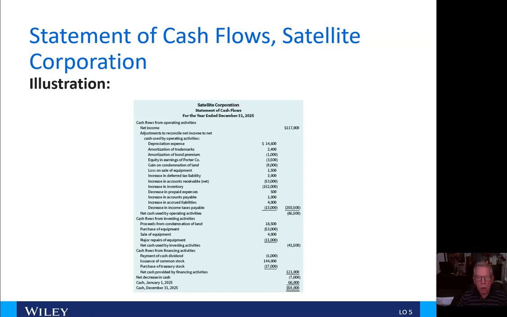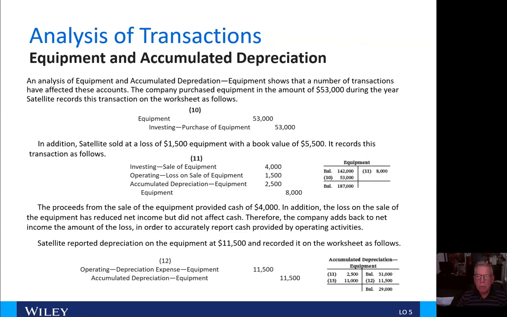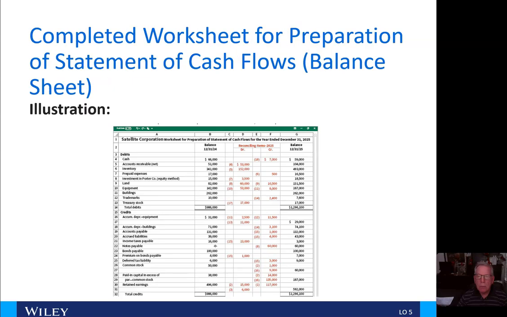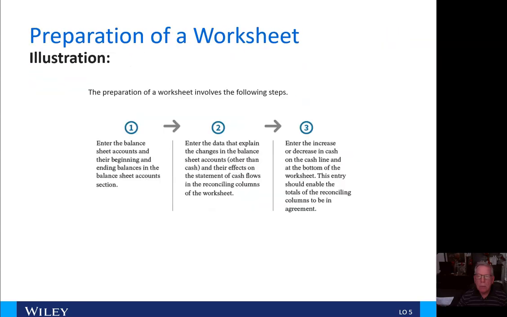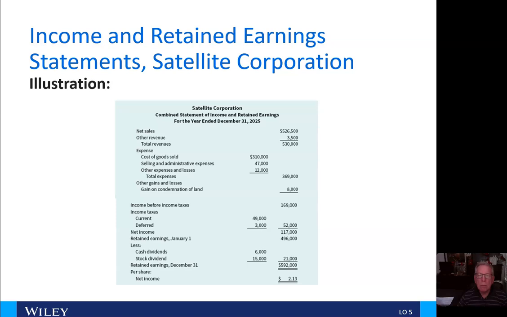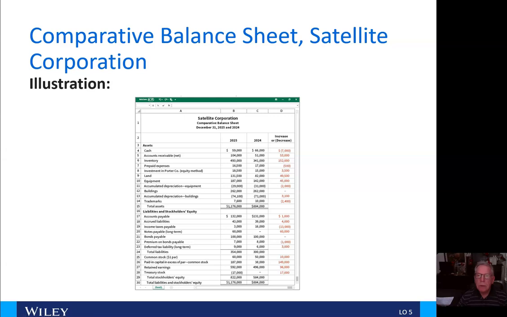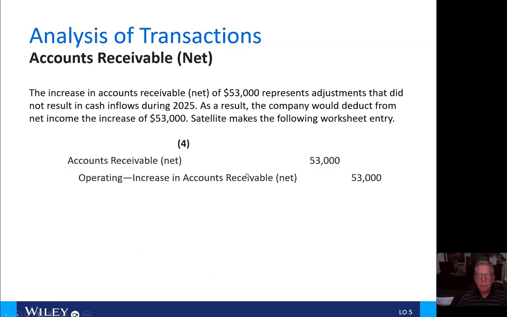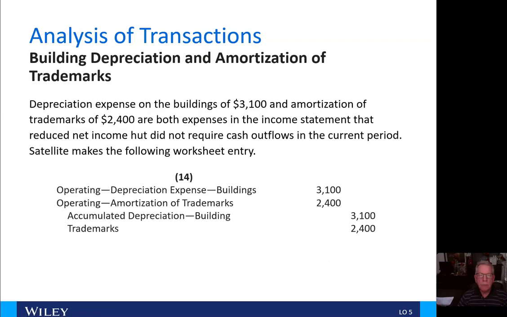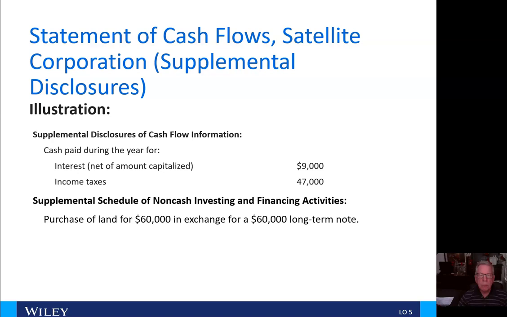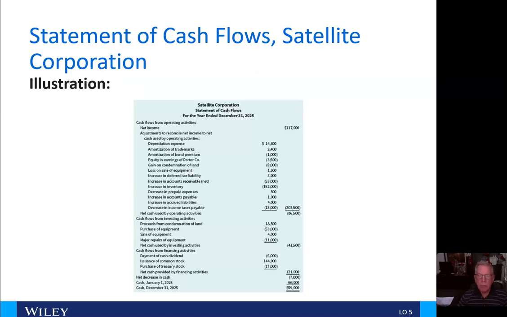And if I go back real quickly, we can see that our cash went down by $7,000 and our ending cash position here was $59,000, as shown here.